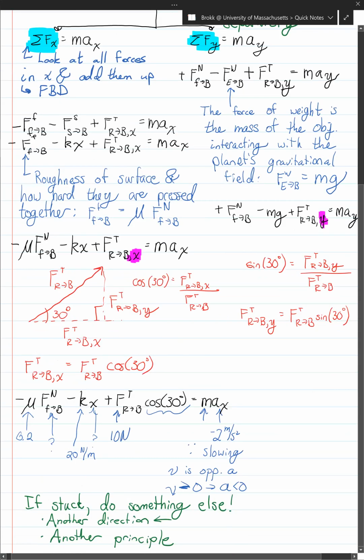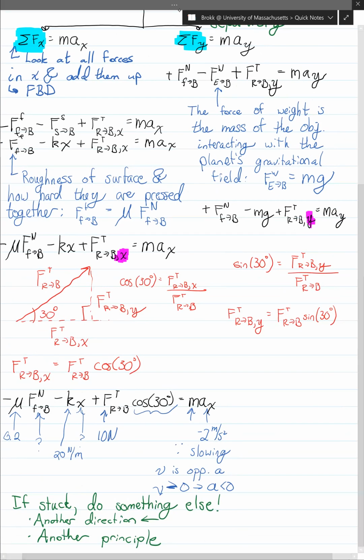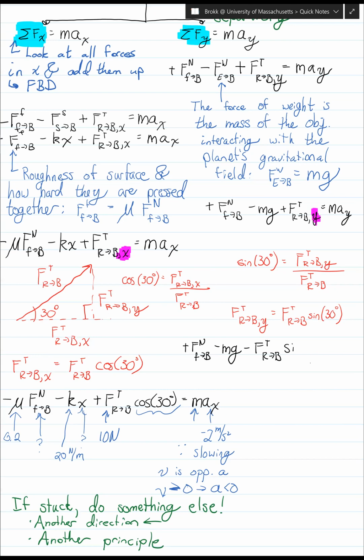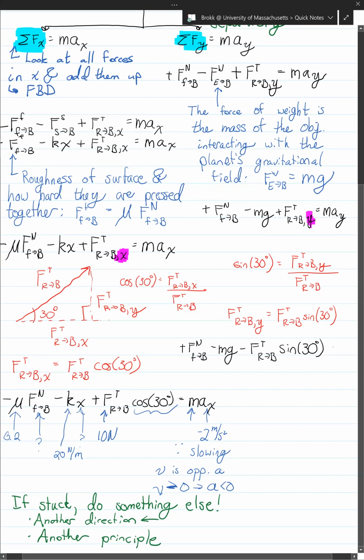which we can then substitute in. Force normal floor on block minus mg minus F_T r b sine 30 equals m a_y.